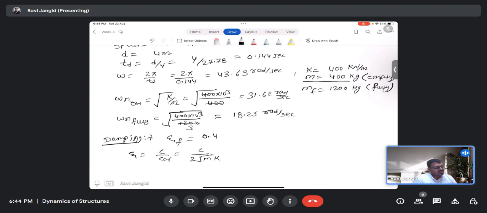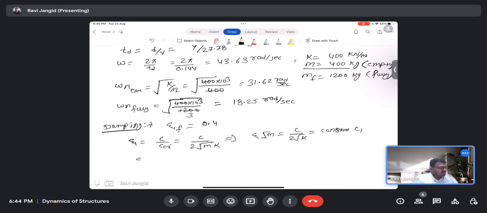So in both the cases k is constant, so I can write xi as c by 2 under root k times under root m, where c by 2 under root k is a constant. So xi1 under root m1 is equal to xi2 under root m2.